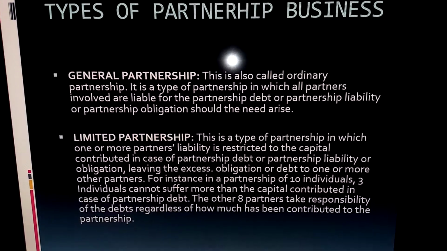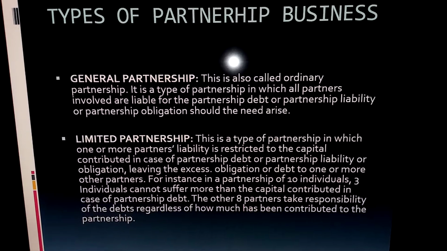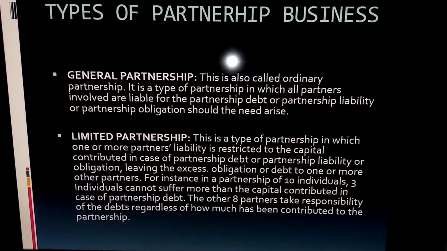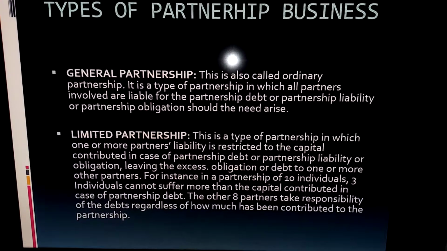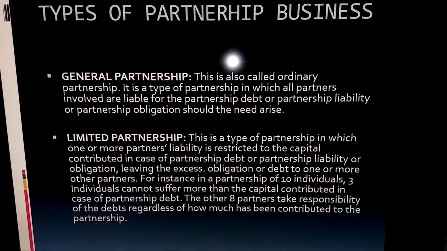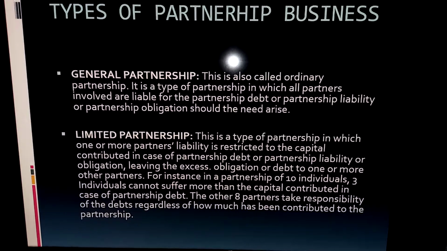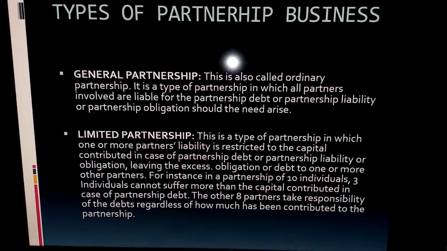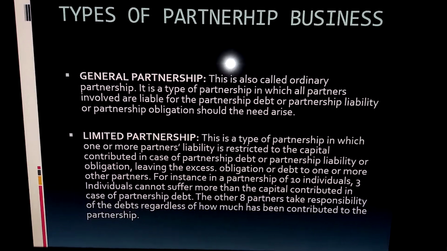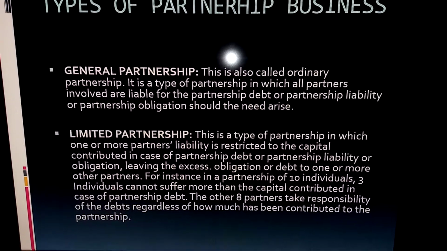So if for instance you have 10 partners, maybe 3 or 4 cannot lose more than the capital they have contributed where there is any partnership debt or liability. But the other ones will be liable for the partnership debt. That type of arrangement is what we call limited partnership.